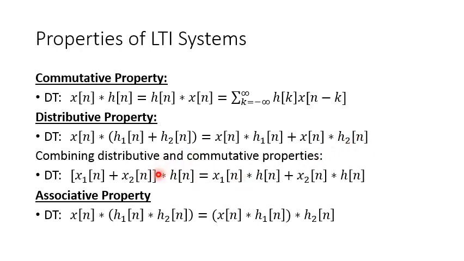Combining these commutative and distributive properties, we can say that x1 of n plus x2 of n convolved with h of n equals x1 of n convolved with h of n plus x2 of n convolved with h of n. Similarly, for the associative property, we can say x of n convolved with h1 of n convolved with h2 of n equals x of n convolved with h1 of n and convolved with h2 of n.